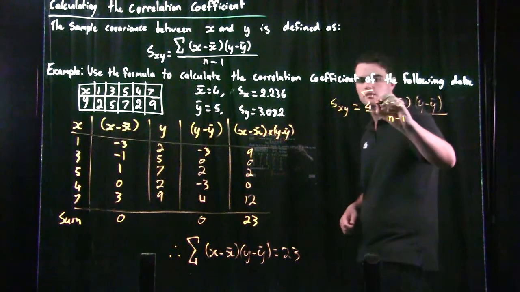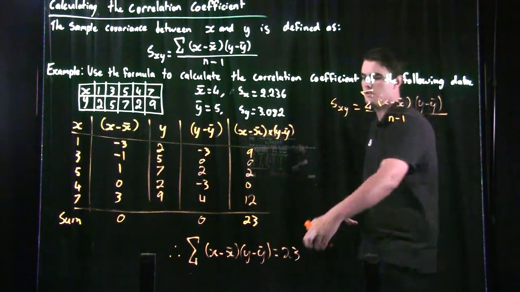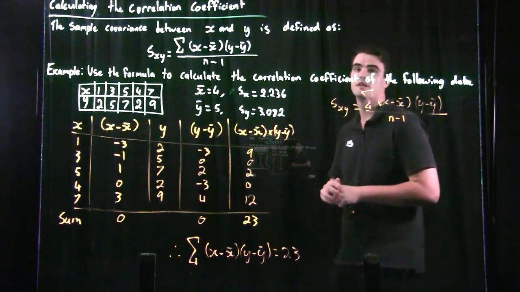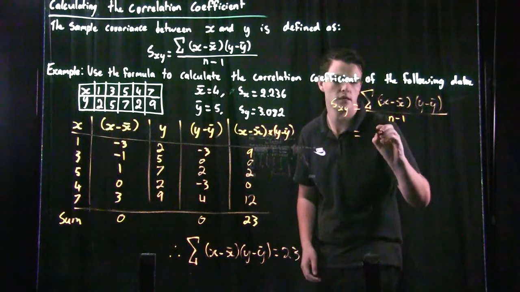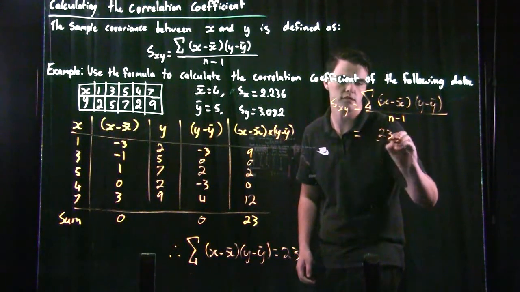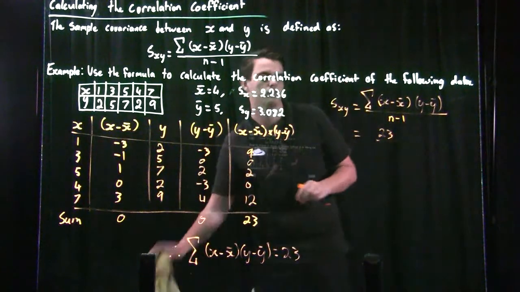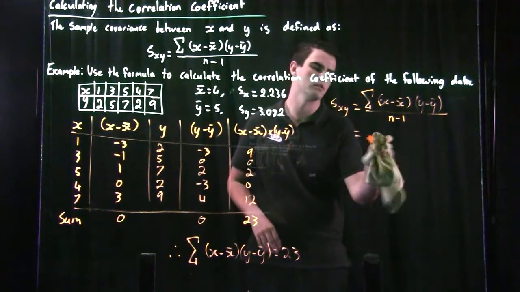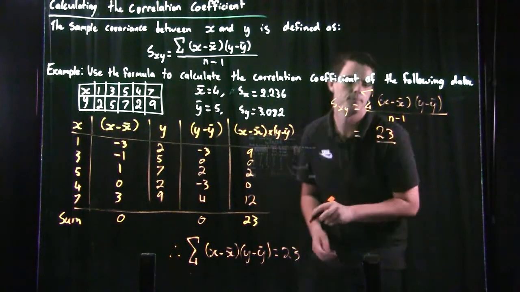Okay, this one is a little bit messy. What we're going to do now is just sub in our values. What we've done down here is we've figured out the sum. What I can do now is I can just enter this 23. This is the main bit that some of us might get a little bit confused with, and I'm just going to try and write that up a little bit neater. 23.